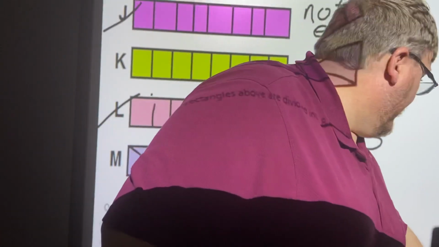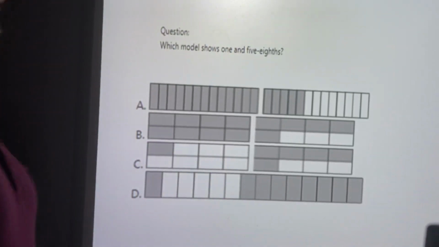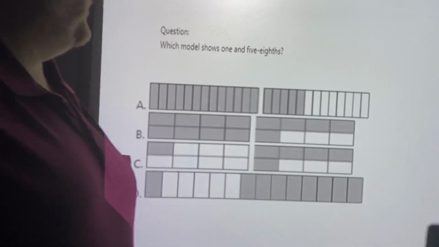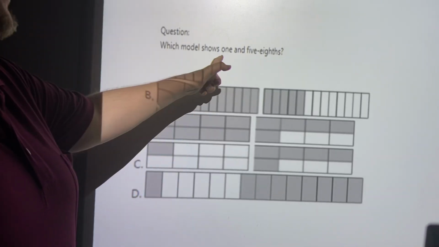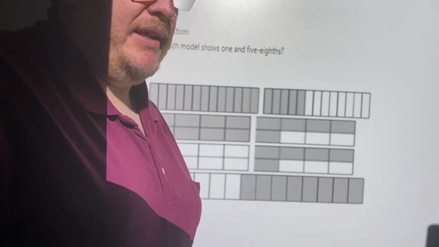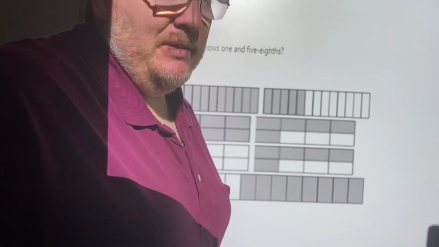All right. We're going to look at number 3. This one, I'm going to allow you to go into breakout rooms and talk about. What I want you to do is on a piece of paper, draw 1 5/8.